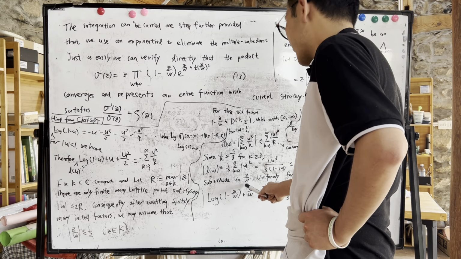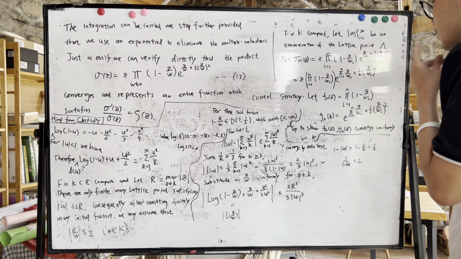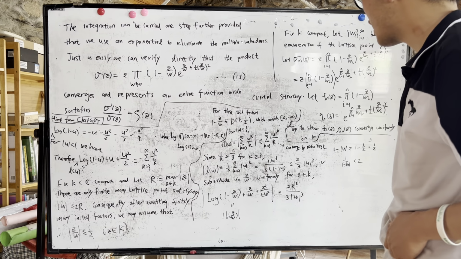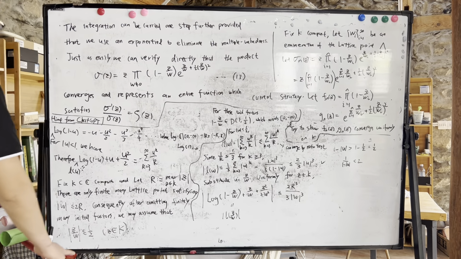And then we substitute u, so this inequality estimate requires this modulus u to be less than 1/2, right?